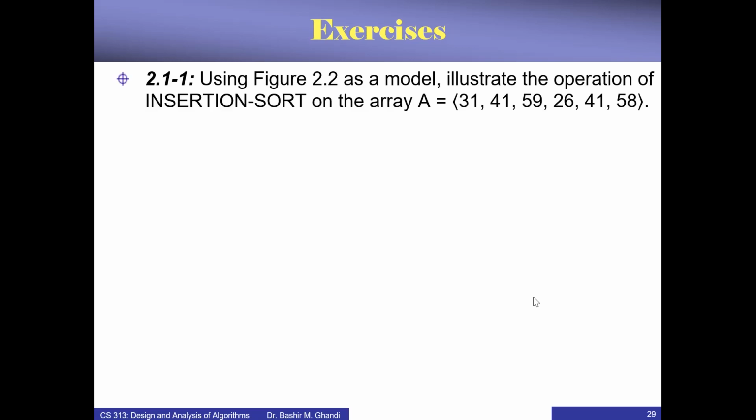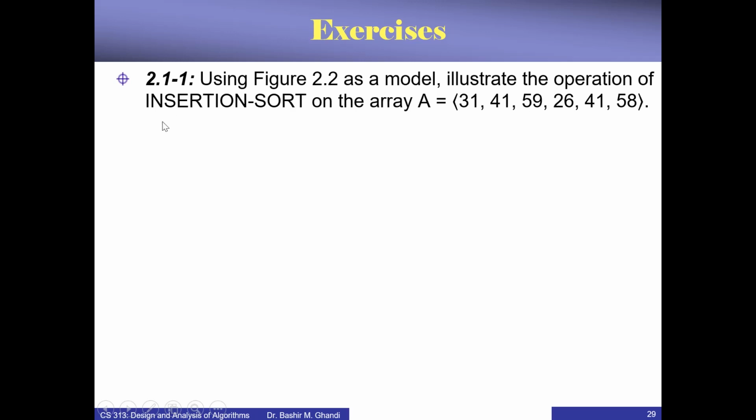I have a few exercises for you, all of them from the book. Let's try to go through them quickly. They are from section 2.1 and section 2.2 of the book. The first one says, using figure 2.2 as a model.